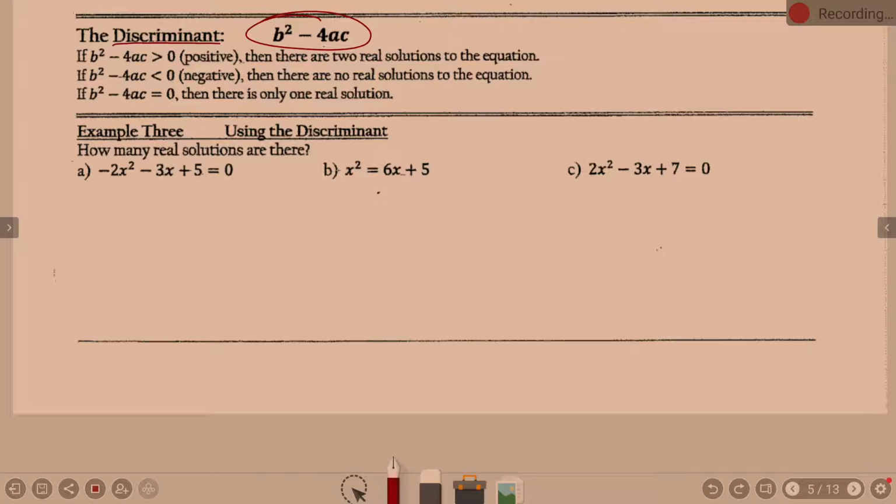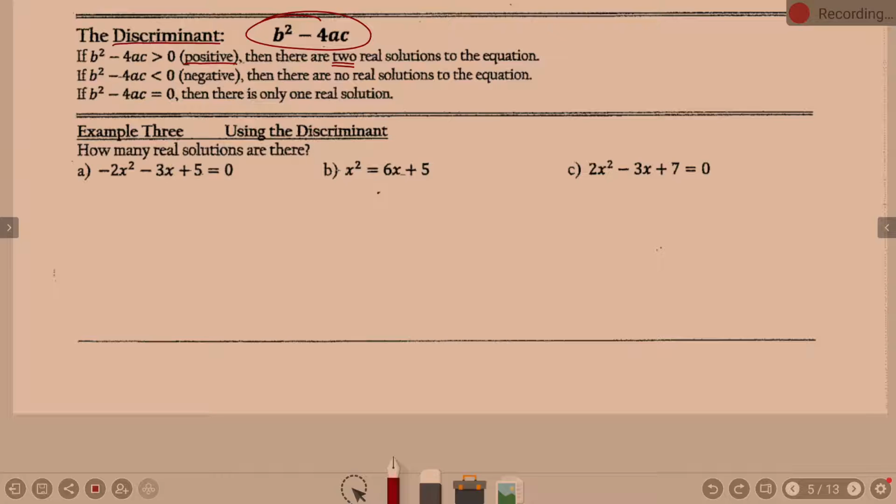Now, most of the time, we get 2 answers, don't we? Because it's plus or minus the square root of some number. And that is true as long as b squared minus 4ac is greater than 0, in other words, positive, then there will be 2 real solutions if you get a positive under that square root.